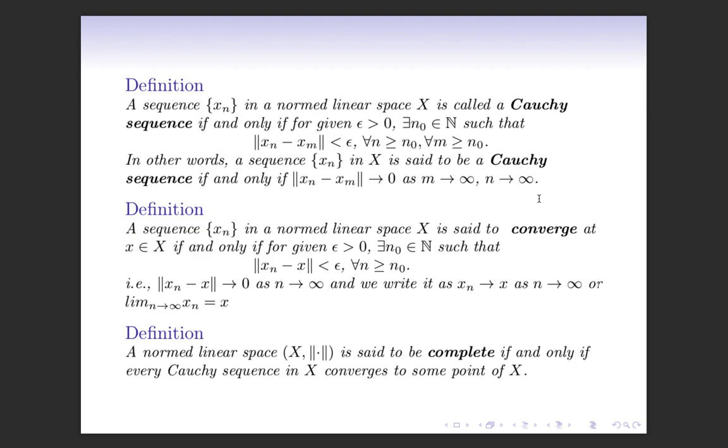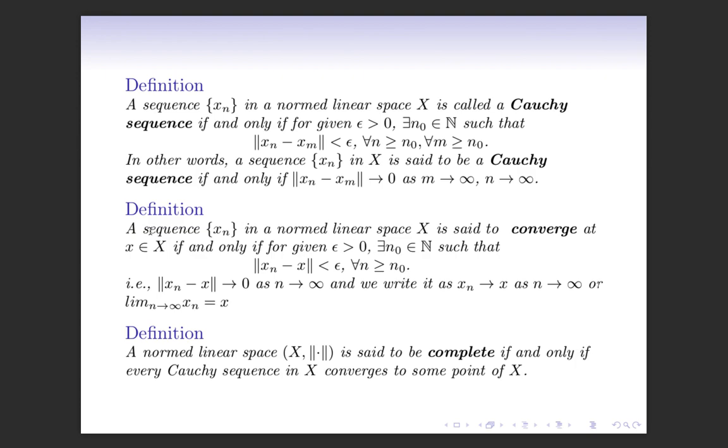Now, the next definition: a sequence xn in a normed linear space is said to converge to x belonging to capital X if and only if for given epsilon greater than 0 there exists n naught in the set of natural numbers such that norm of xn minus x is strictly less than epsilon for all n greater than or equal to n naught.